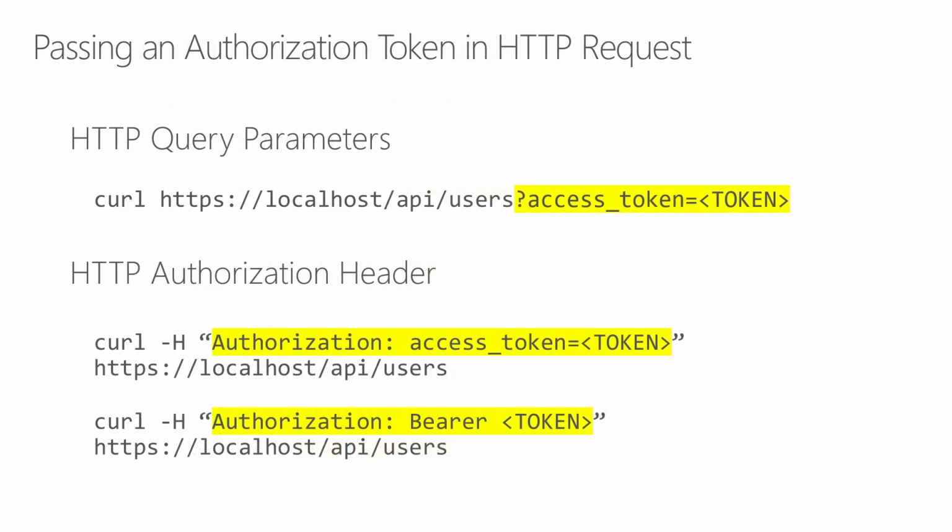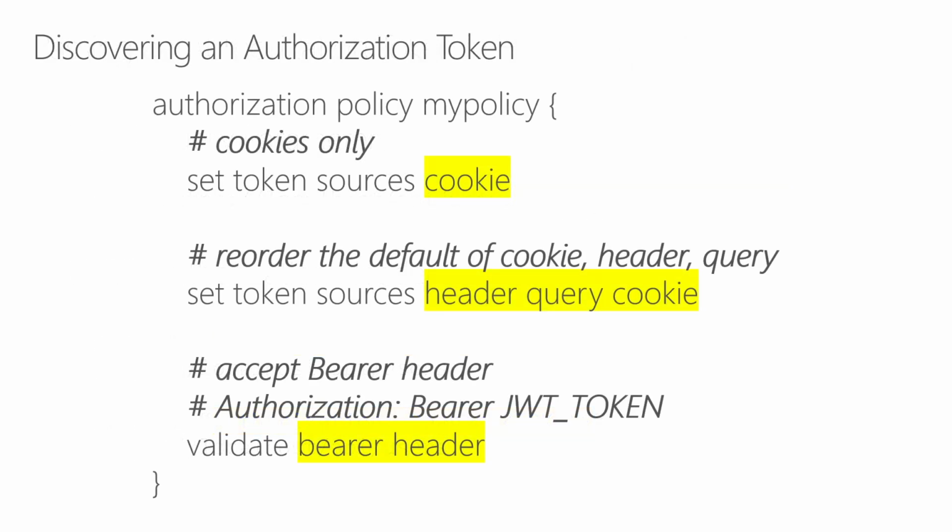By the way, using query parameters may be problematic because URLs may be recorded, and query parameters could be recorded in logs, and therefore you can have a token in your logs. So maybe it's a good idea to disable the query parameters. At the same time, query parameters are great for troubleshooting and experimenting.